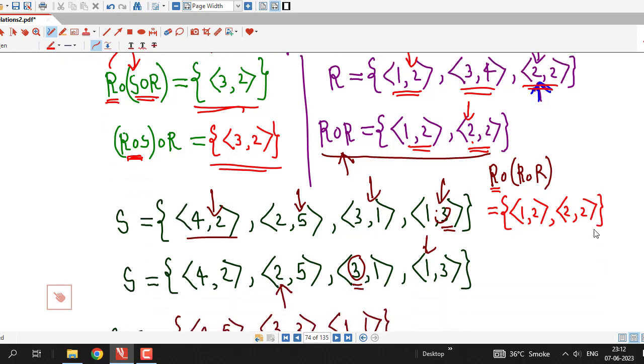And if you wish, you can write it in this way also. We can check both types. Suppose I take R composite (R composite R); my answer must be the same.